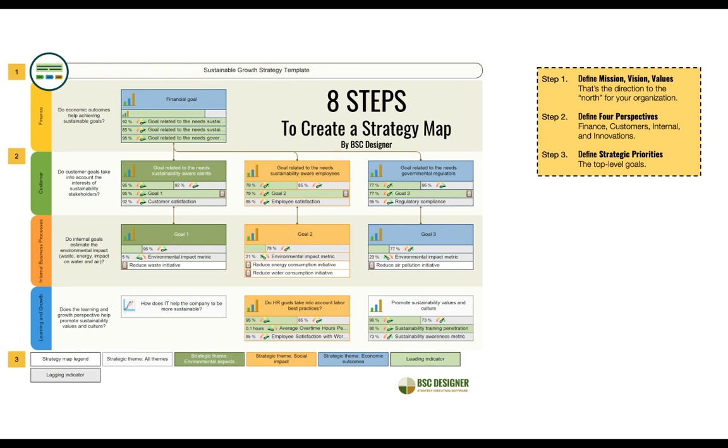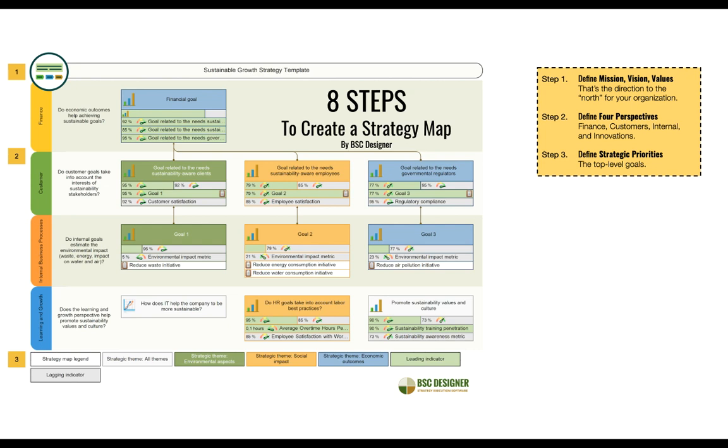These top level goals are shared not just by the Kaplan Norton Balanced Scorecard concept, but also by other experts. And again, the kind of universal priorities, also called strategic themes. In my opinion, it's just the next level of abstraction.